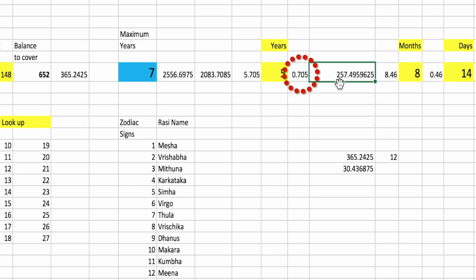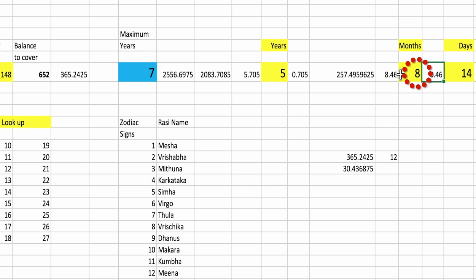Now this 257.49, whatever number you have here, is just the number of days left. 0.705 into 365.2425, and you get this 257.49, which again divided by 30.43, you get 8, which is 8 months.